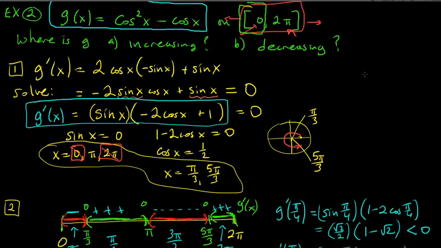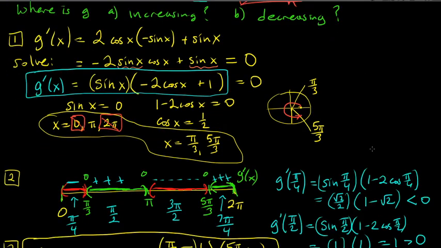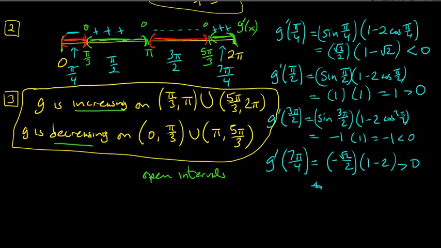Notice at 0, we're including 0 in the domain of the function, but notice I did not have a bracket around the 0 here. Okay. So yeah, when you're describing increasing or decreasing, always use open intervals, not closed ones. Do not use a bracket anywhere, right?